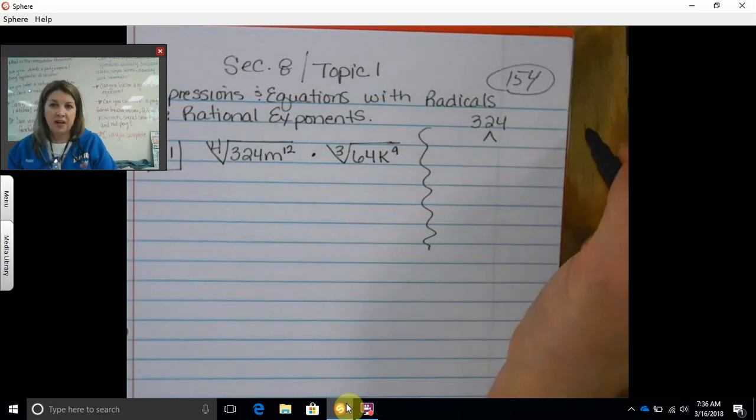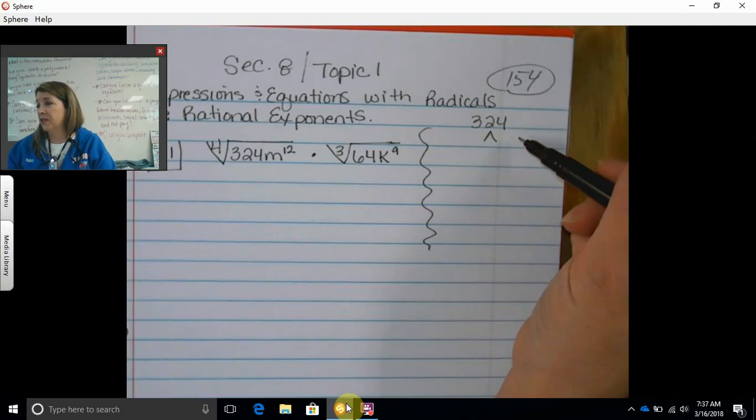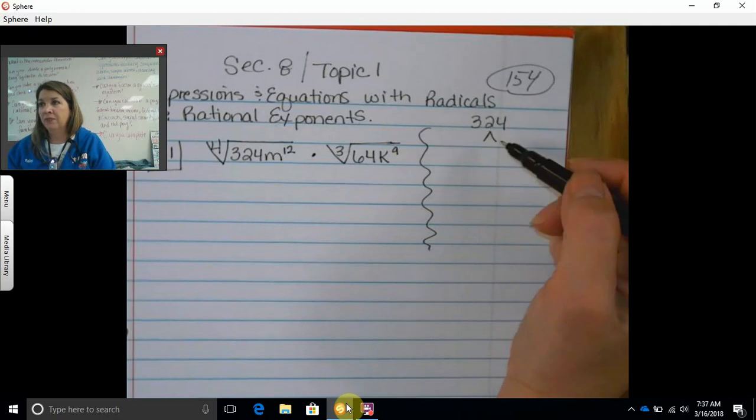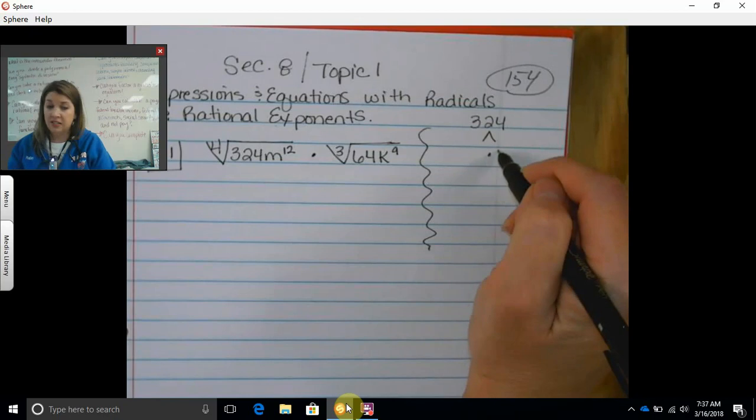They're like, I don't know how you know what numbers to start with. Well, you can start with different factors than I do as long as the numbers you're choosing are actually factors. I don't know the factors of 324 right off the top of my head, but I know that this is an even number, and if it's even, it has to have a factor of 2. So that's where I start.